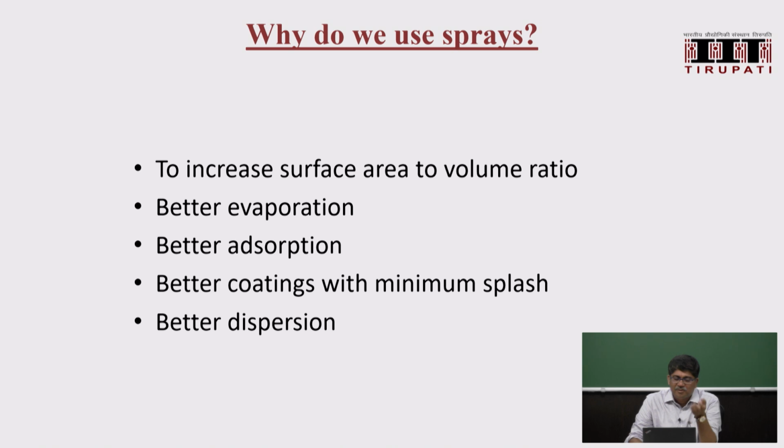It is not only evaporation and fuel. In places where you have gas absorption, you also need a large surface area, or even a coating: you take the same liquid and spread it over a large surface, and it is better. Even in agriculture, you take the same volume and spread it over a large surface, so you need to make fine drops.